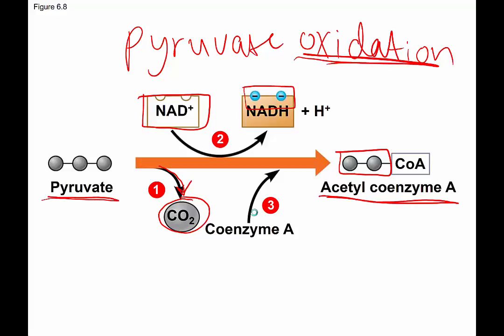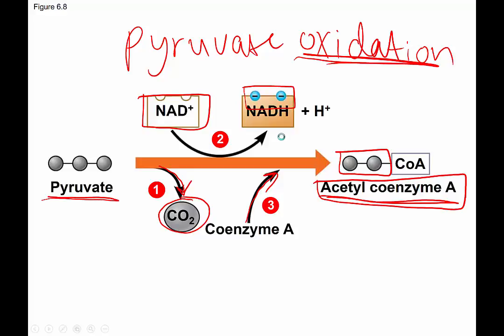And the final step of pyruvate oxidation is you have this coenzyme A come along and it attaches itself to this acetyl molecule to become acetyl coenzyme A. So again, essentially go over this one more time. Pyruvate loses carbon dioxide, so it removes 1 carbon from the 3-carbon molecule to become a 2-carbon molecule.